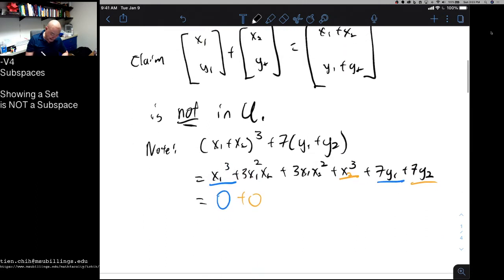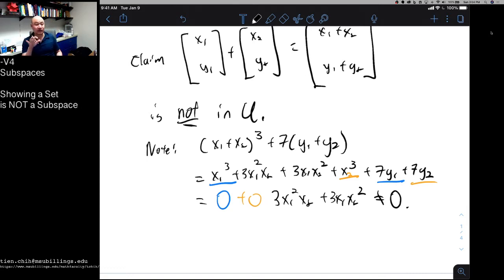But all of that's 0, and I'm still somehow left with 3x1 squared x2 and 3x1 x2 squared. And as long as x1 and x2 aren't 0, this is not going to be, in general, equal to 0.